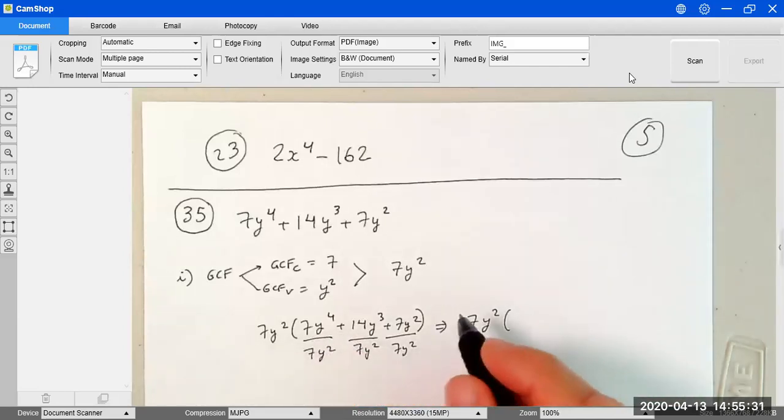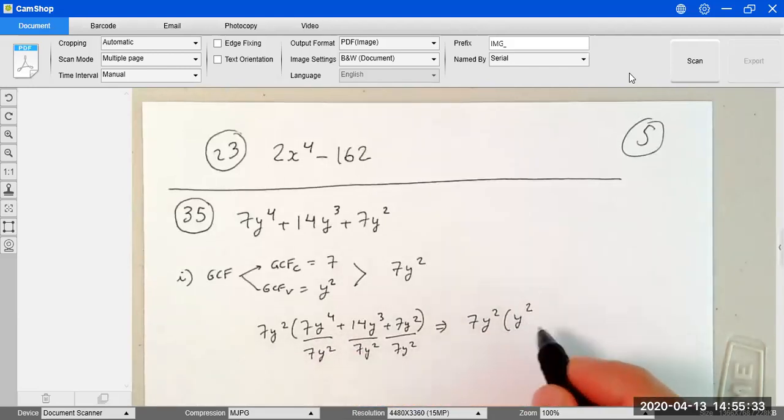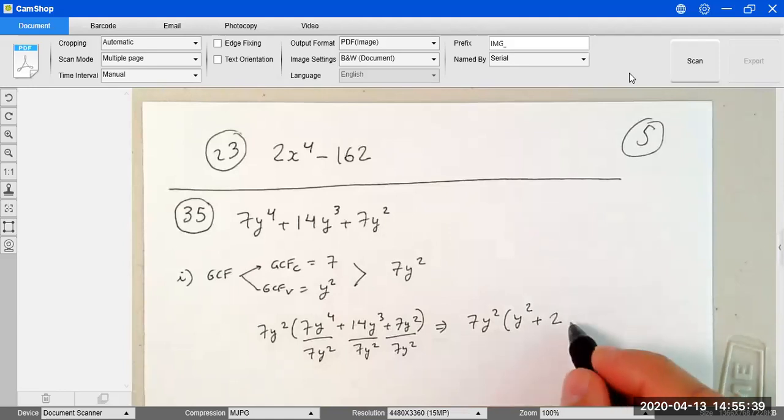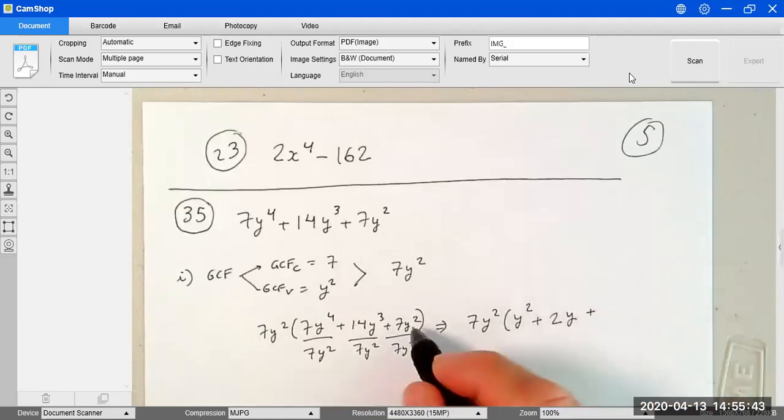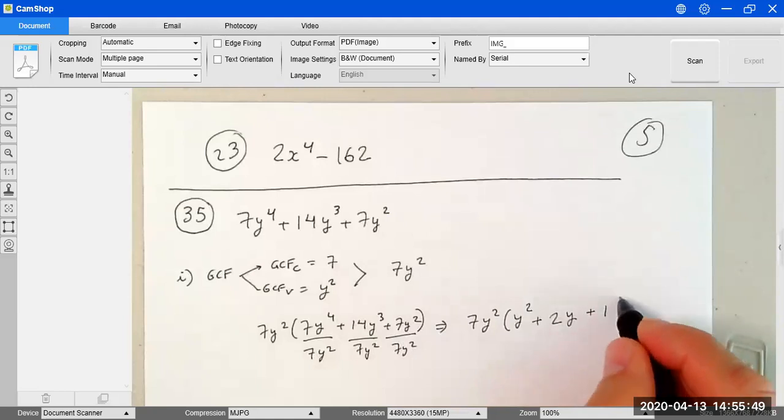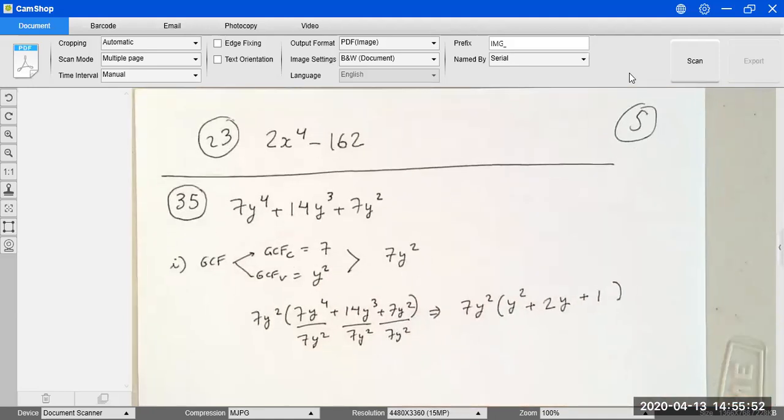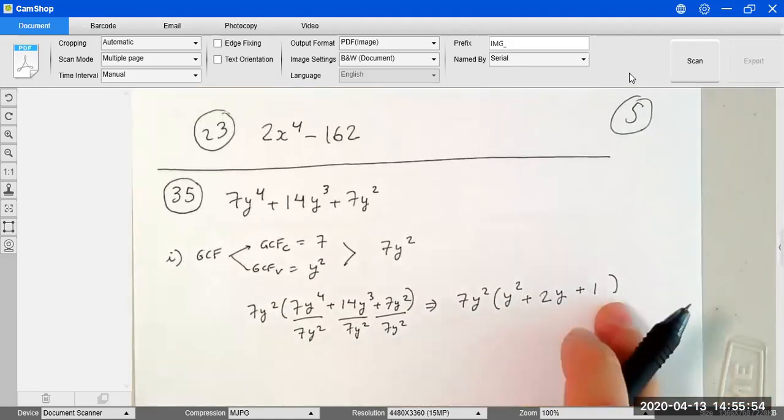Y to the 4 over y squared is just y squared. Then 14 divided by 7 is going to be 2. Y cubed over y squared is just y. And finally, 7y squared over 7y squared, the same quantity in the numerator and denominator, is just 1.